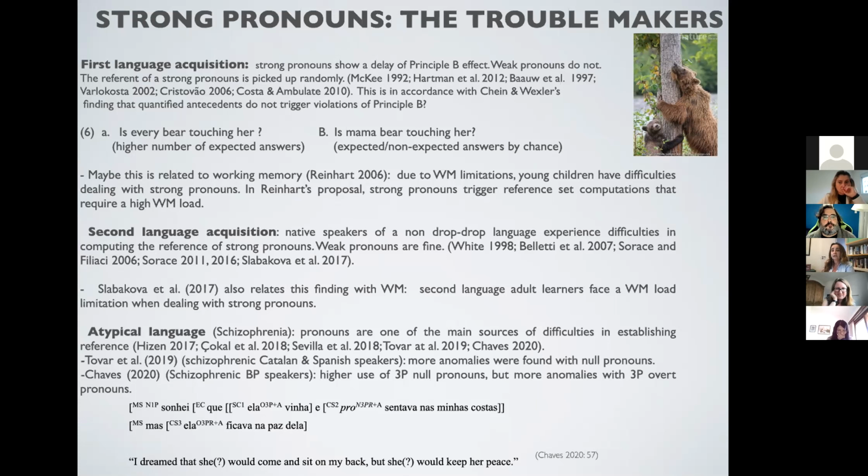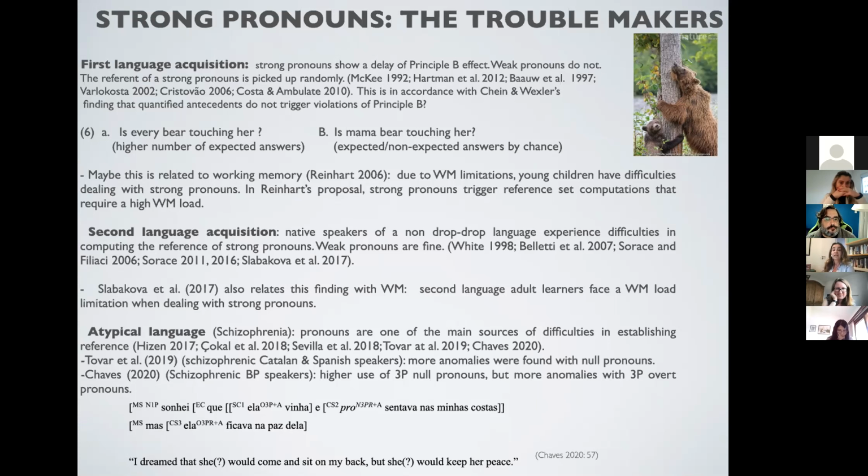Then here, expected and unexpected answers happen by chance. Maybe this is because every bear does not have a discourse antecedent, therefore binding has to happen in syntax. In 6B, on the other hand, since you don't have a quantified antecedent, binding can happen in pragmatics.